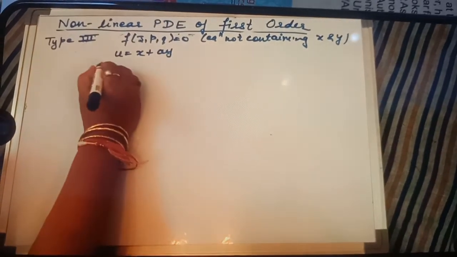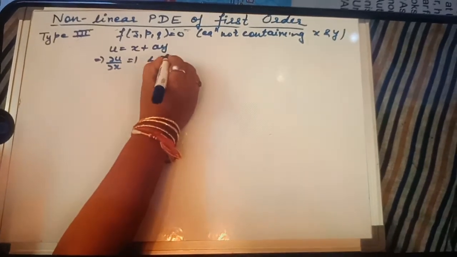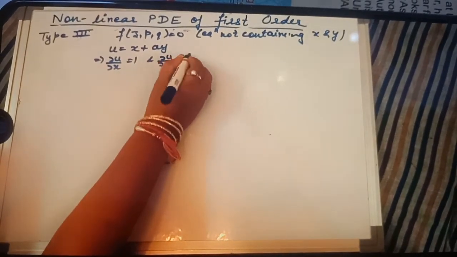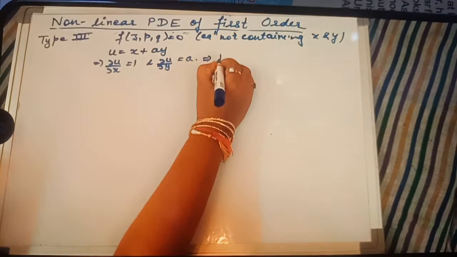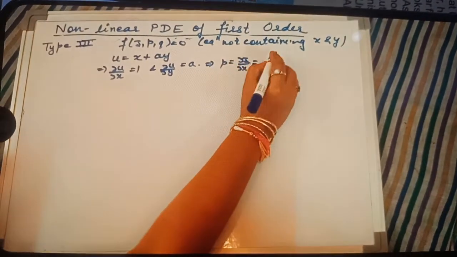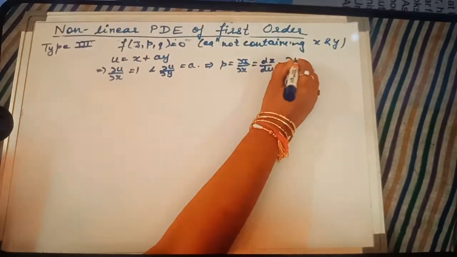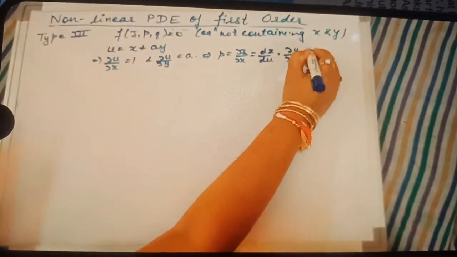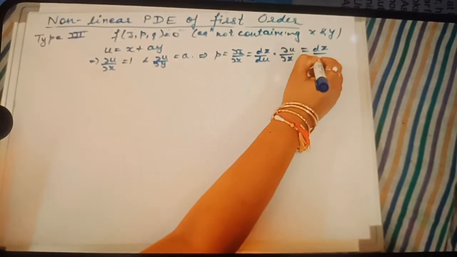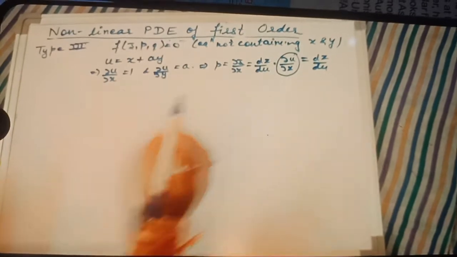Then we have del u over del x is equal to 1 and del u over del y is equal to a. Then p is equal to del z over del x, which can be written as dz over du into del u over del x, which is dz over du, because we put 1 in place of del u over del x.